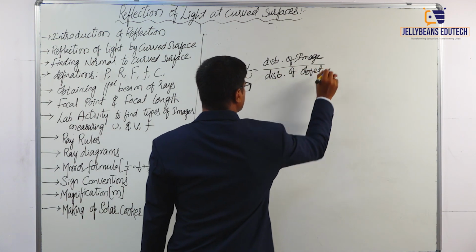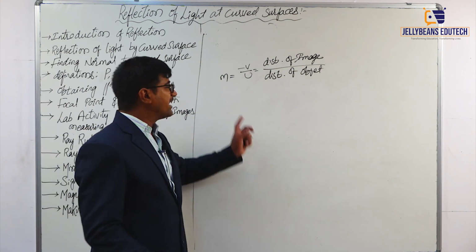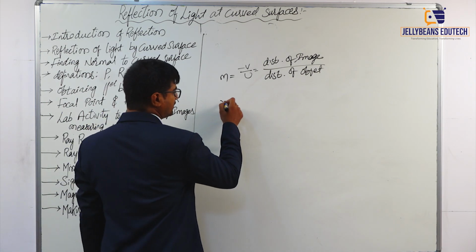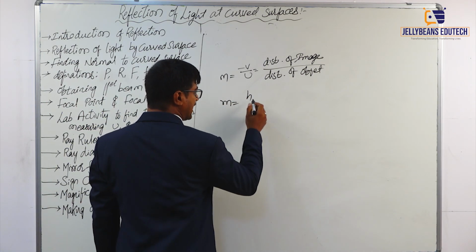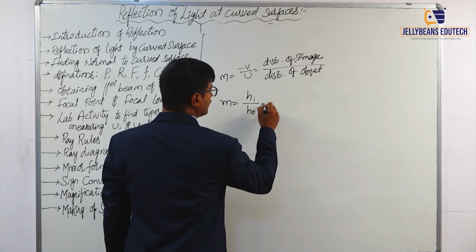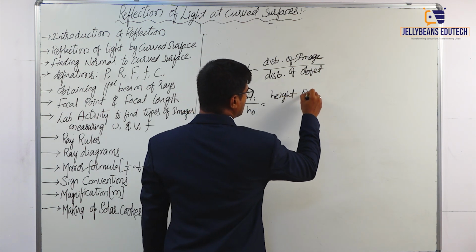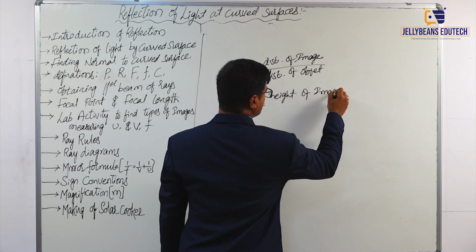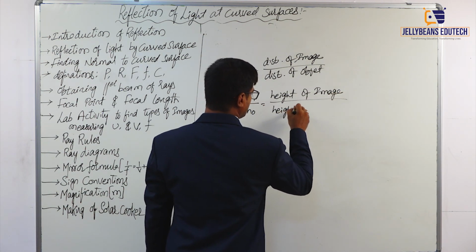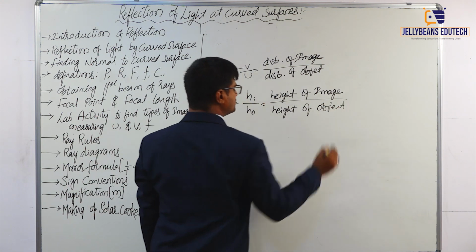So in this way we consider the magnification in terms of distances. If we consider the same magnification formula in terms of heights, then it is the height of an image by the height of an object.